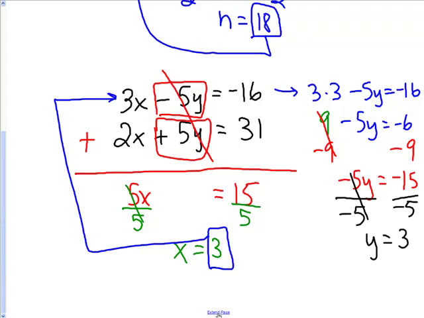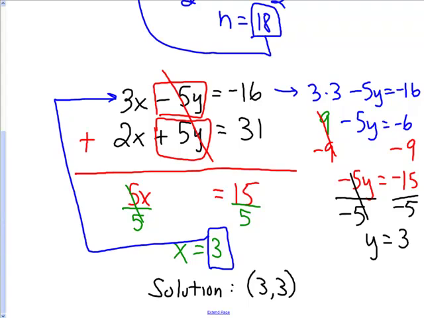So our solution, remember, should be written as an ordered pair. So our solution for this one is 3, 3. I'm sorry. Where did I mess up?